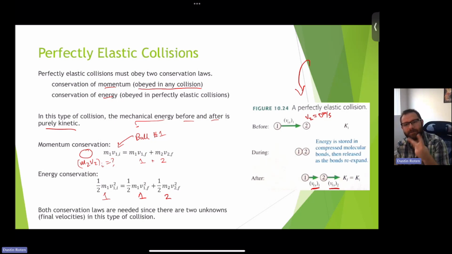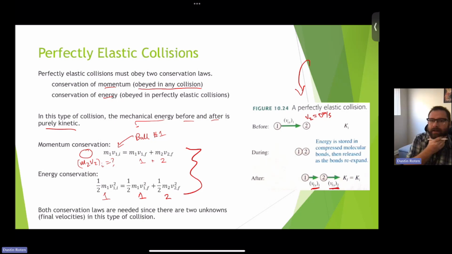Those are the two things you want to find out. Two unknowns, so we need two equations, and here are our two equations. That's why combining these two conservation laws together will allow us to solve more problems.